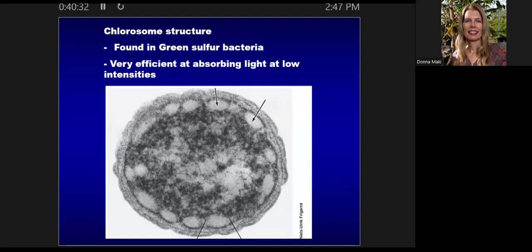So you find green sulfur bacteria hanging out in deeper places in the water column, in either freshwater or oceans, in dimmer light. Even though it's not the greatest bright light, they can still grab that light energy and use it to generate their electron transport chain.